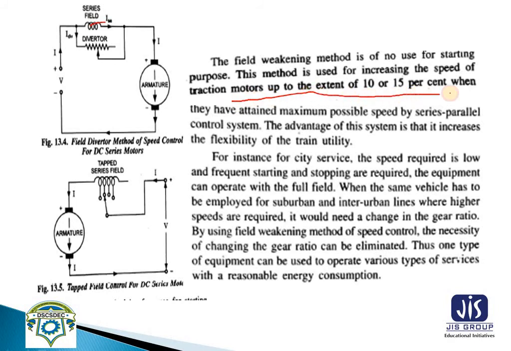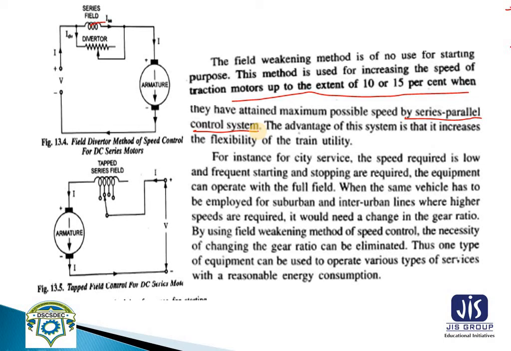That means we can see that the series parallel control system is the most important part of control in case of traction motors. And the advantage of this system is that it increases the flexibility of the train utility.